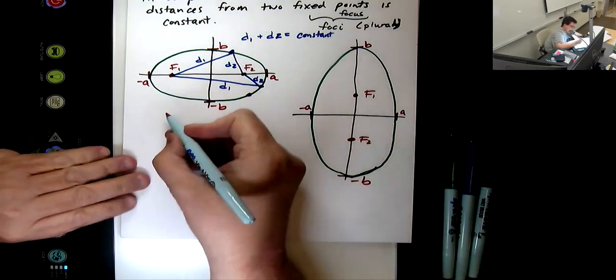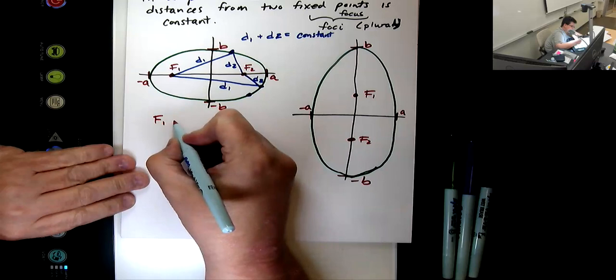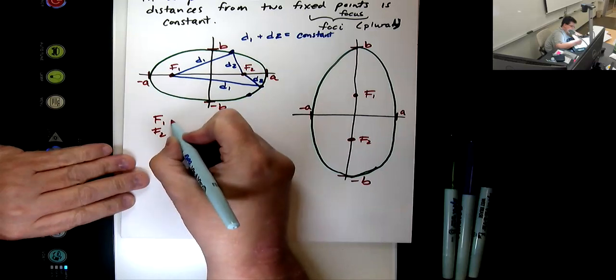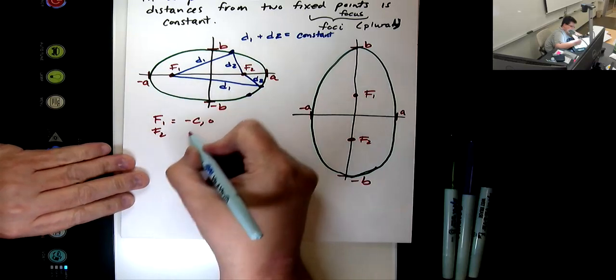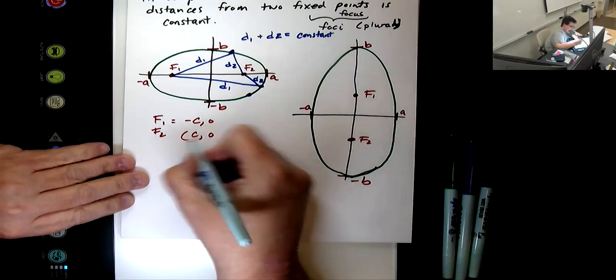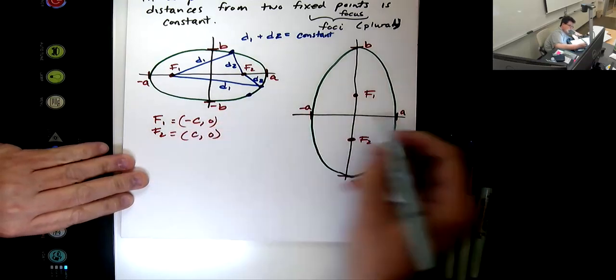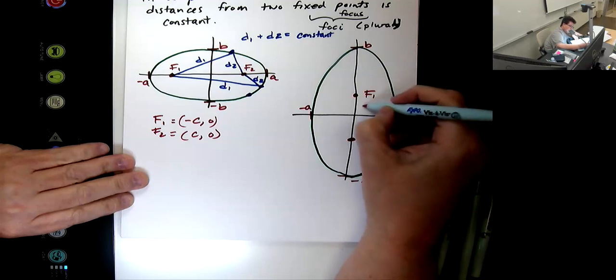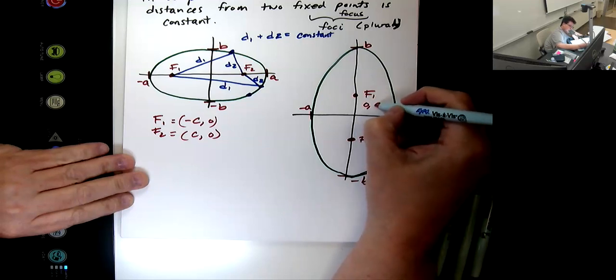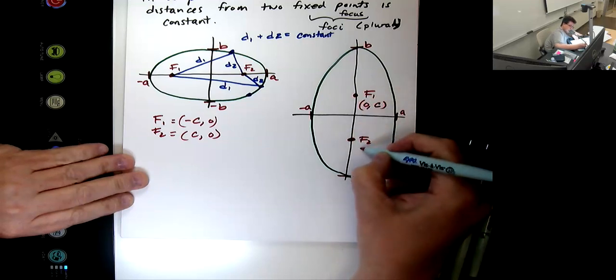And the foci here, on the left one, are at negative C, 0 and positive C, 0. Over here it is 0, C and 0, negative C.